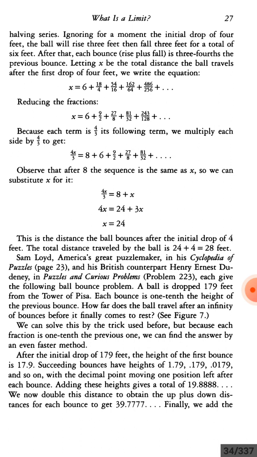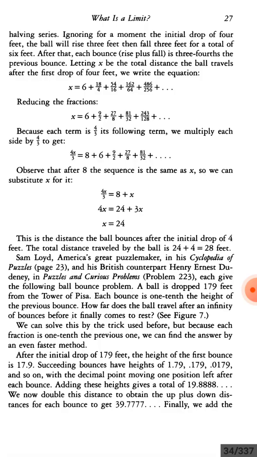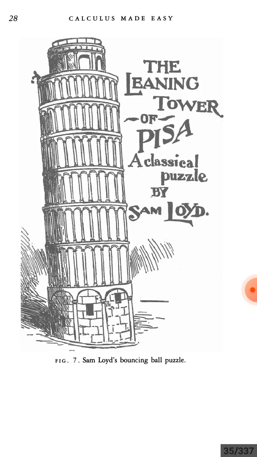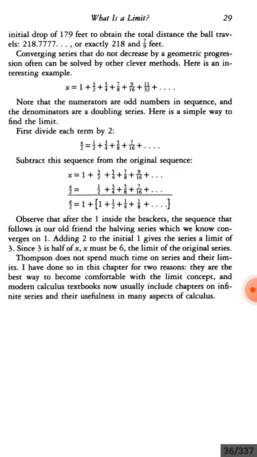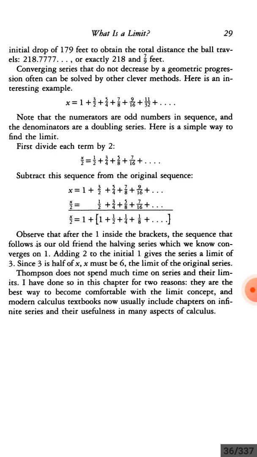We now double this distance to obtain the up plus down distance for each bounce, to get 39.777. Finally, we add the initial drop of 179 feet.